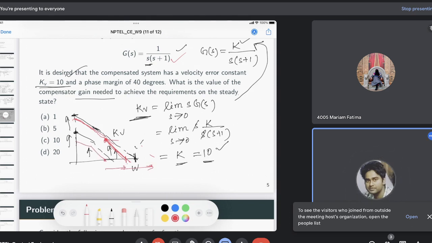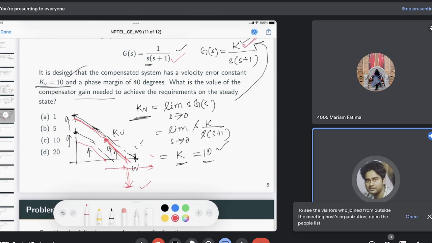So at that point, because the angle contribution is not changing, since we are just adding some gain, the phase margin will decrease, right? Because the angle plot will not change by simple gain adjustment.